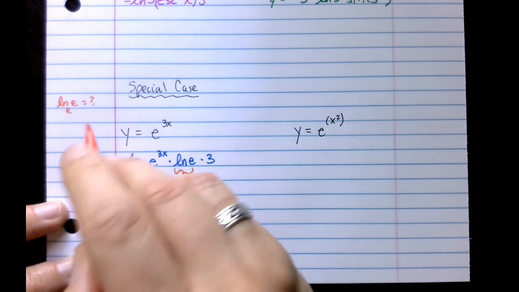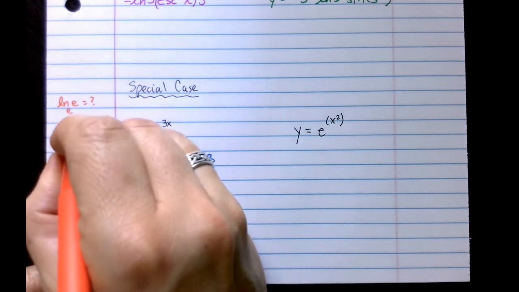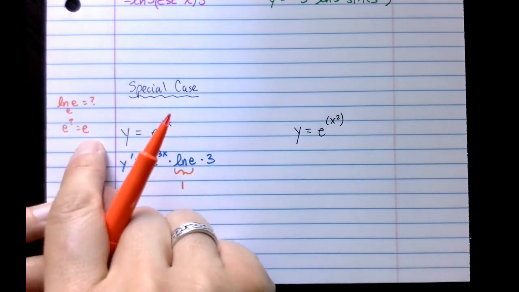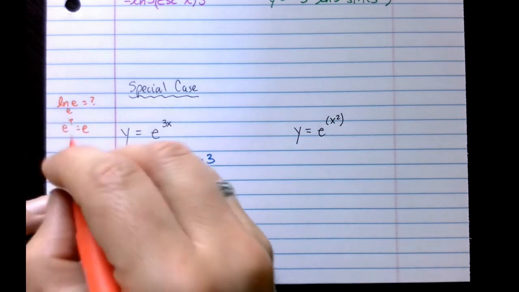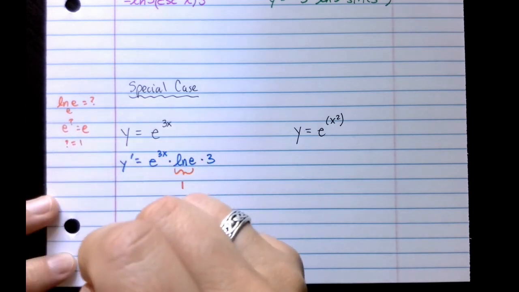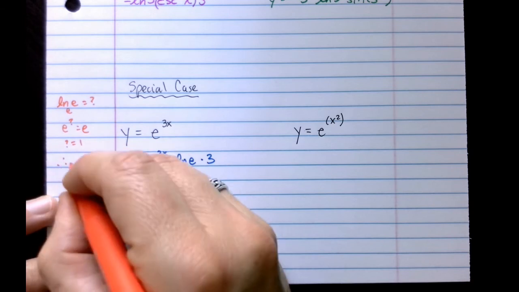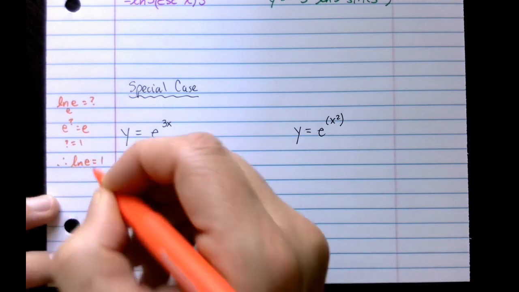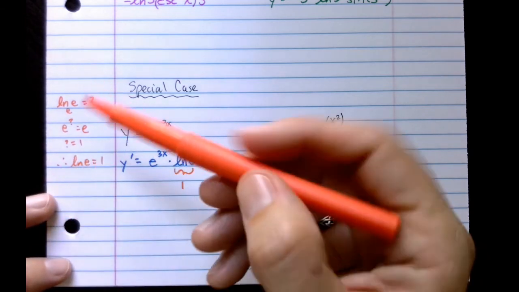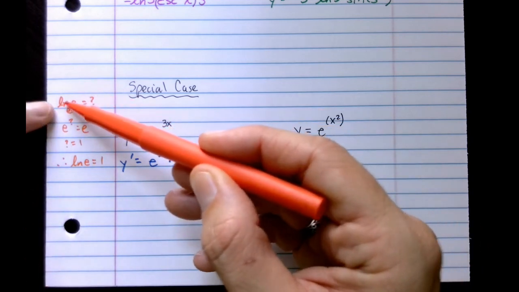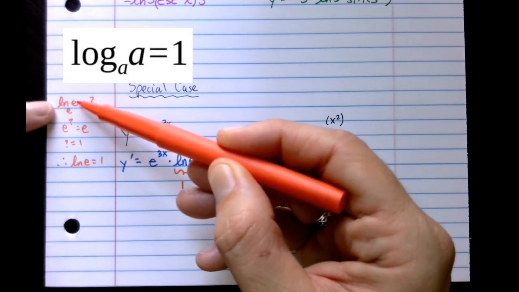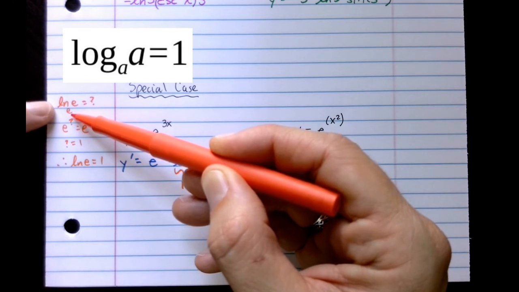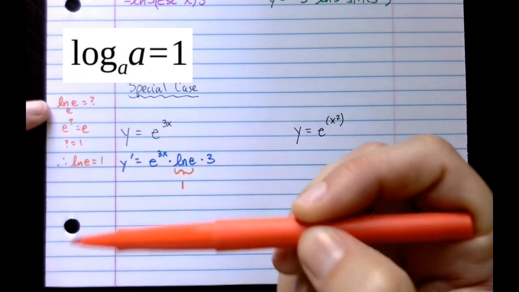If I convert this to exponential form, it says e to what power is e? Hopefully you see it has to be 1. So the natural log of e is 1. To sum it up, if you take the log of a value inside that matches the base of your log, it's always going to be 1.